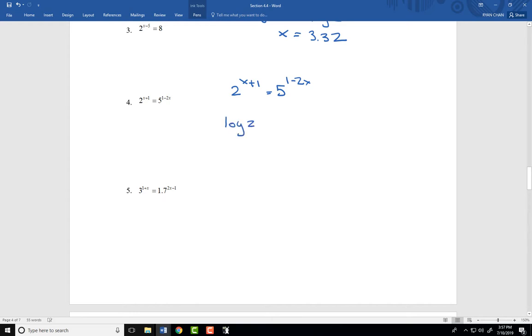Now, I have a bunch of things in my exponents, so I'm going to bring the whole thing down. Okay, so it's going to be x plus 1 times a quantity log of 2 is equal to 1 minus 2x times log of 5.